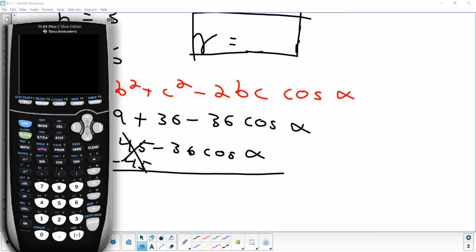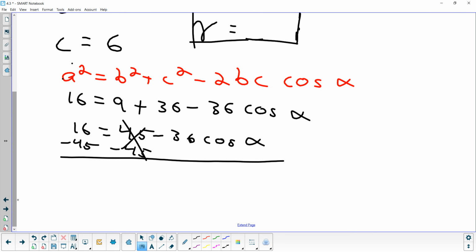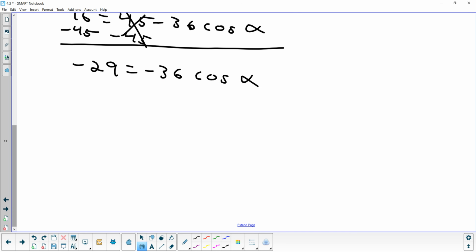So that's going to give me 16 minus 45, which is negative 29. Okay, so now there's only 2 things left on the right that we don't want. What's the next thing I can do to get rid of one of those things? Yep. Divide by negative 36 on this side. Good. And I can already see I'm going to have a bigger number in the bottom of the fraction. That always needs to happen.